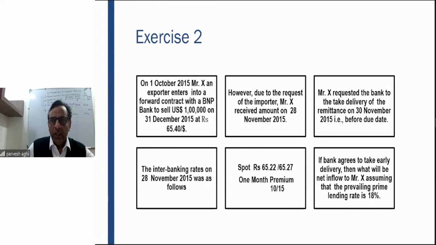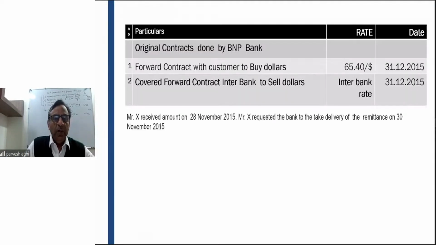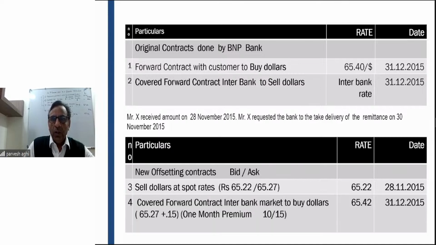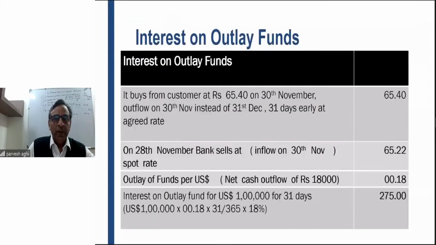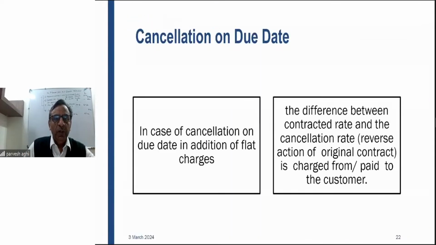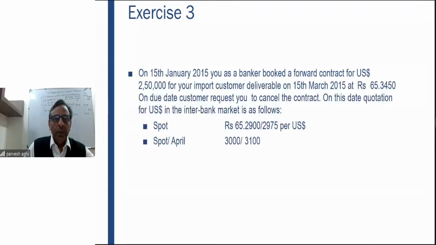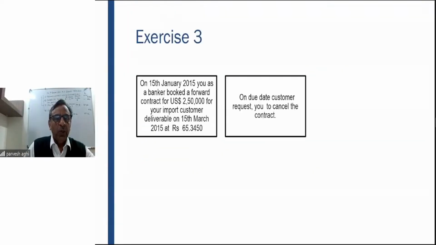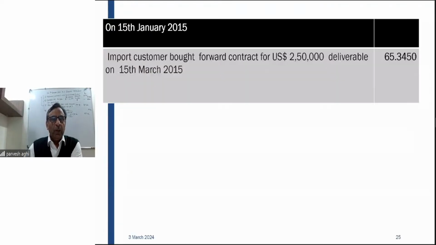Now, of course, the desired information is not there. So we have assumed that the interbank rates are the same as merchant banking rates, because the information is not there. So we couldn't do that. Okay, fine. If the information had been there, we could have applied and converted them into merchant banking rates. Okay, so let's go now to question number 4.